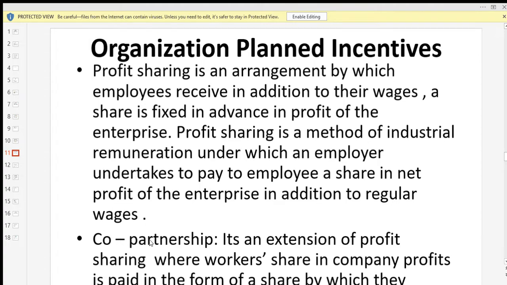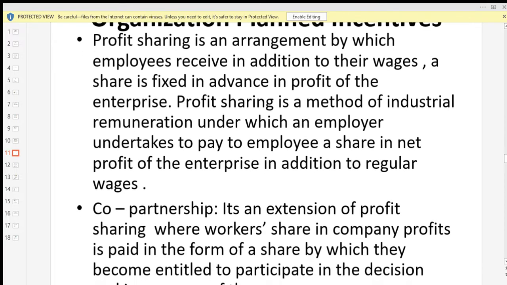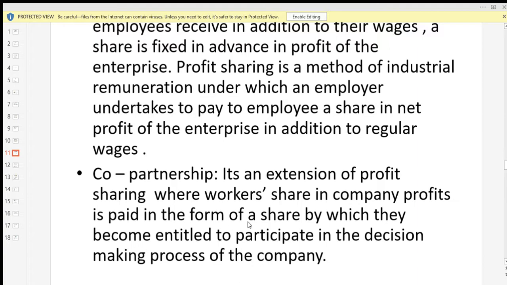Then there is co-partnership. It is an extension of profit sharing where workers share in company profits, in the form of shares by which they become entitled to participate in the decision-making process. So here, the company shares profits with its workers, but based on how you came to work in the organization.